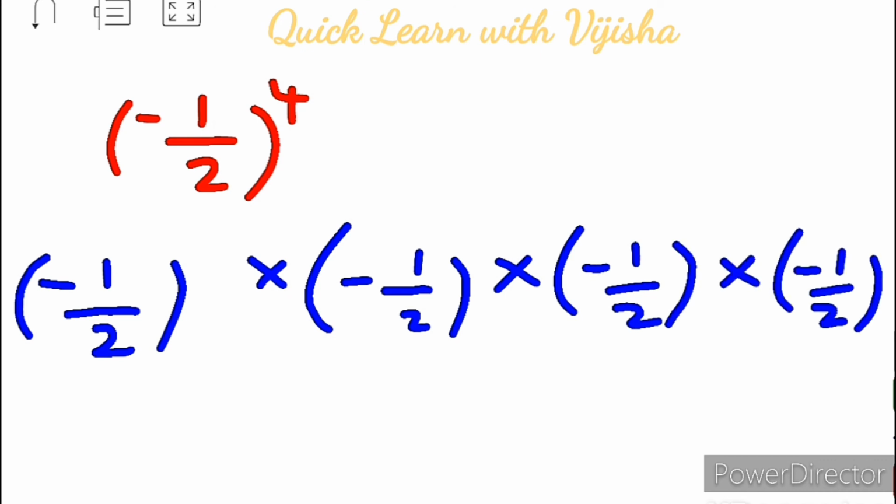Now we will find the value. 1 into 1 will give you the answer as 1. Coming to the denominator, 2 2s will become 4, 4 2s are 8 and 8 2s are 16. And for minus signs we have already done: if 4 minus signs are there, minus minus will give us plus, and here also plus, so the answer will come in plus. So plus 16 is your answer.